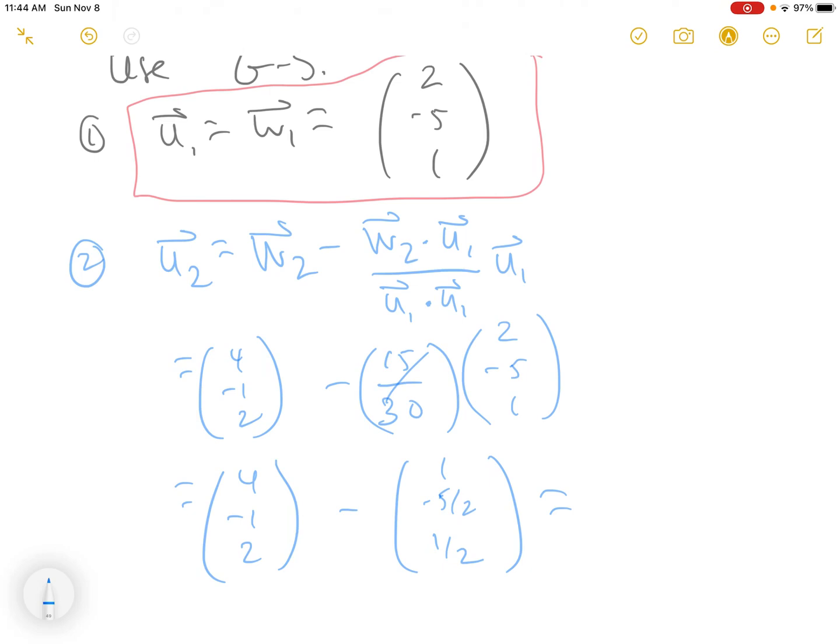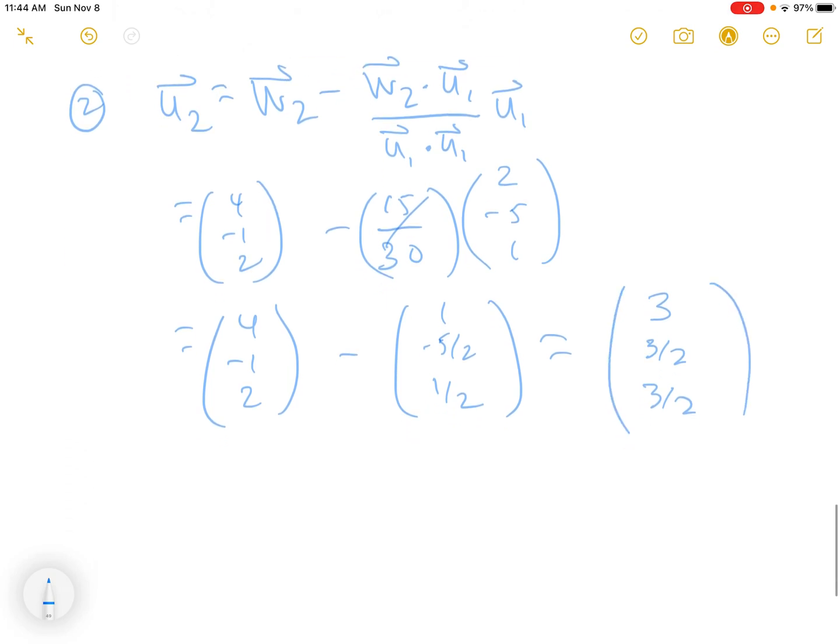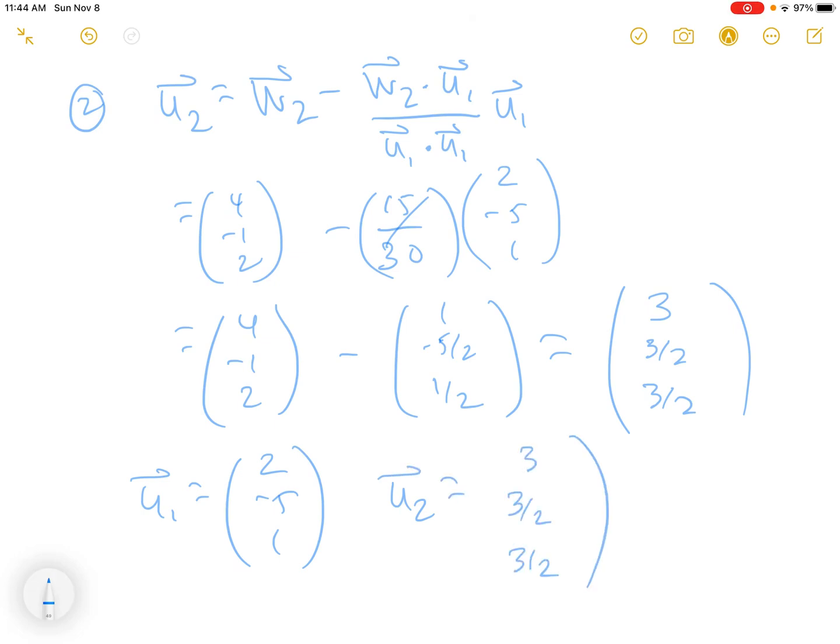So 4 minus 1 is 3. This is 3/2. And this is 3/2. Sweet. So now we have vector number 2, U2. So U1, rewriting this, is 2, minus 5, 1. And U2 is 3, 3/2, 3/2.